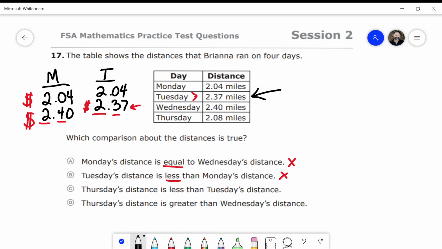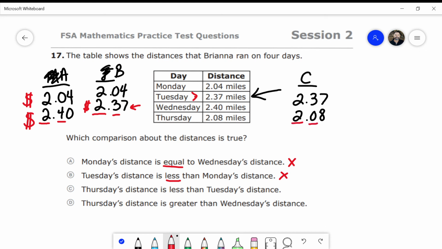So if we look at letter C here, actually let me change this. It would have been better if I put that as letter A, letter B, and then let's go here with letter C. It says Thursday's distance is less than Tuesday's distance. So Tuesday is 2 37/100ths. Thursday is 2 8/100ths. And they're saying Thursday is less than Tuesday. So starting with the ones place, they're the same.